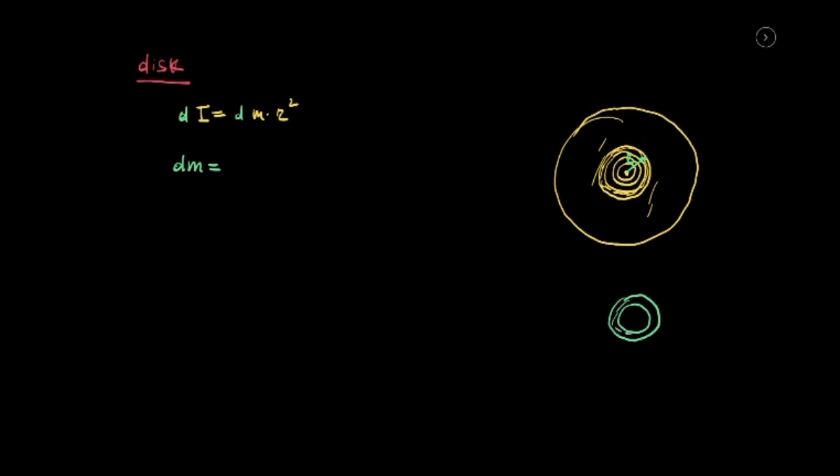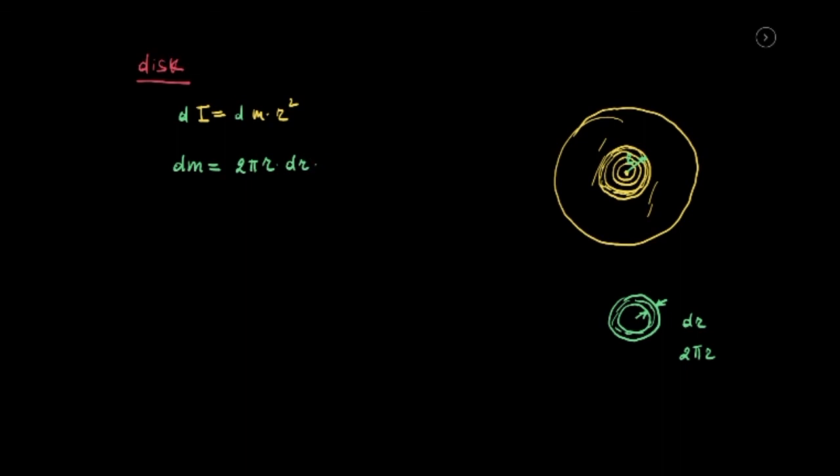This is how it looks, and the width, this one, is dr, and the circumference is equal to 2 pi r. So the surface area is equal to 2 pi r multiplied by dr.